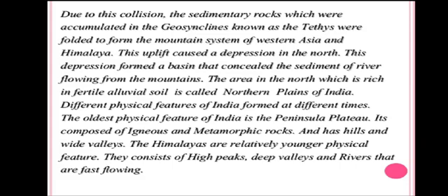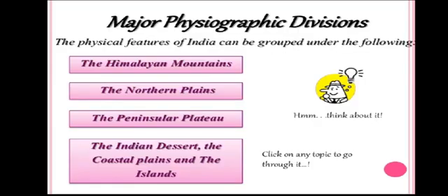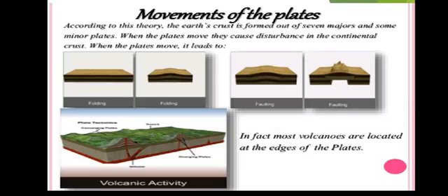Now, due to this collision, the sedimentary rocks which were accumulated in the geosyncline known as Tethys were folded to form a mountain system. Tethys was a sea once upon a time. Now, how were they folded? What was the reason behind that? The reason is 3 main processes.